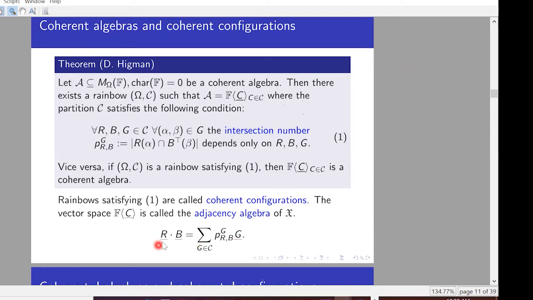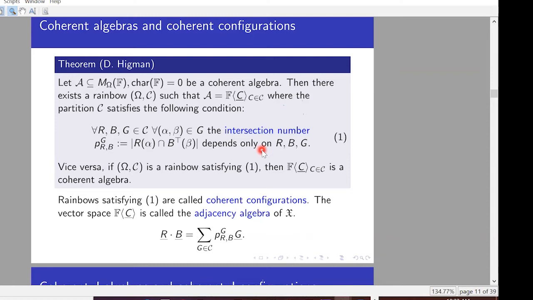If you multiply two elements of the standard basis, then you will get a linear combination of the matrices of the standard basis where the coefficients coincide with the intersection numbers. And it's important to understand that there is a one-to-one correspondence between coherent algebras and coherent configurations. So you can use combinatorial language or algebraic language when it is convenient to you.